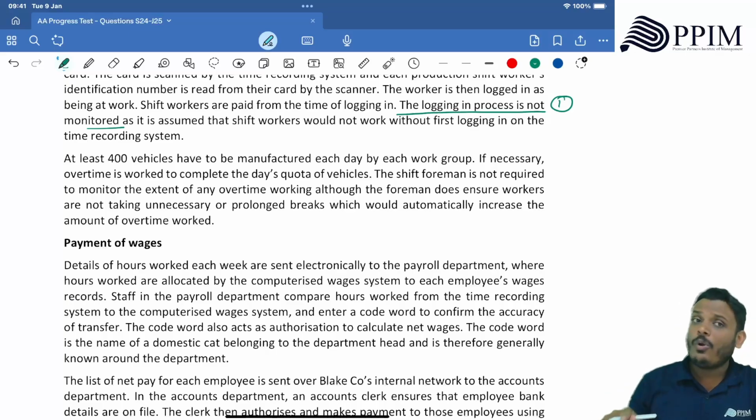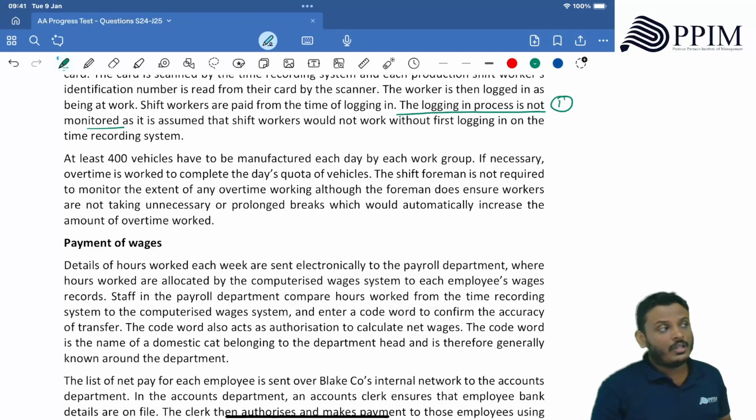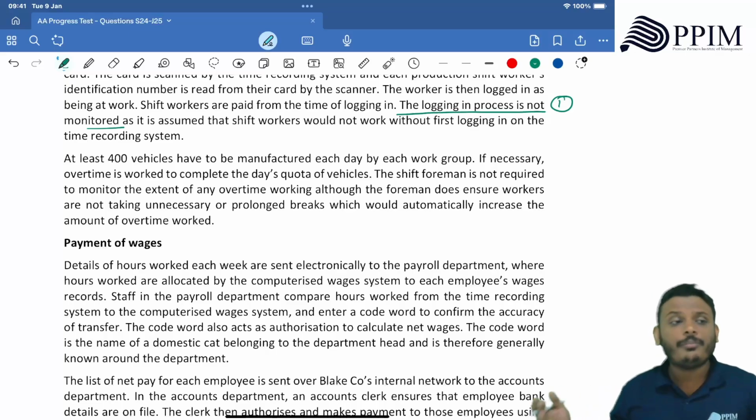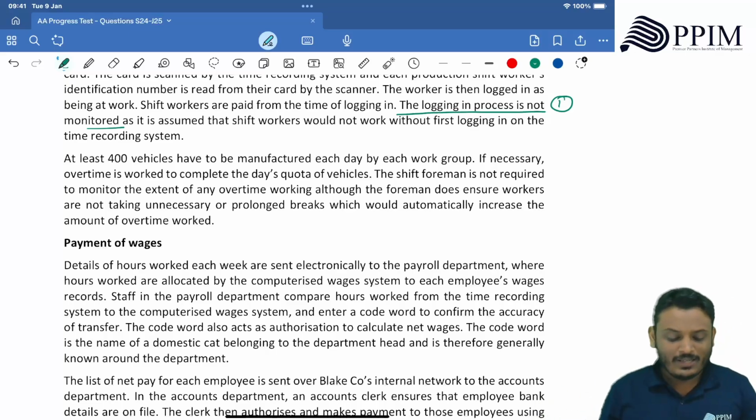Unnecessary or prolonged breaks: if you delay your work or take more breaks, that creates additional hours to perform that job, so you are taking it as overtime. That is the loophole here.